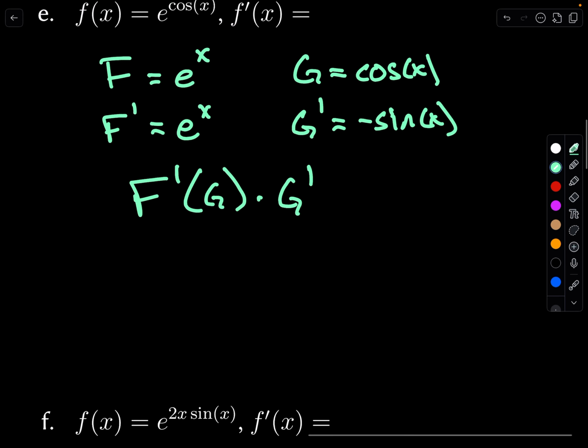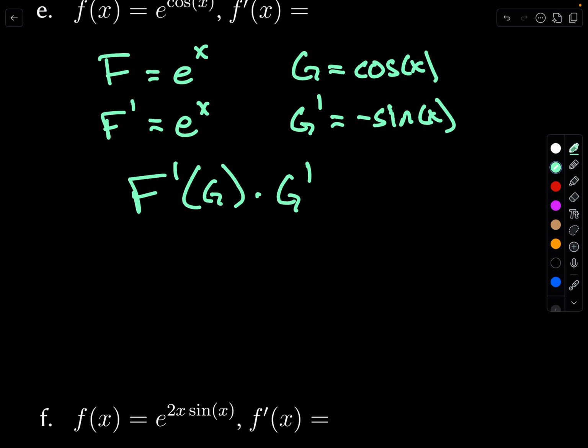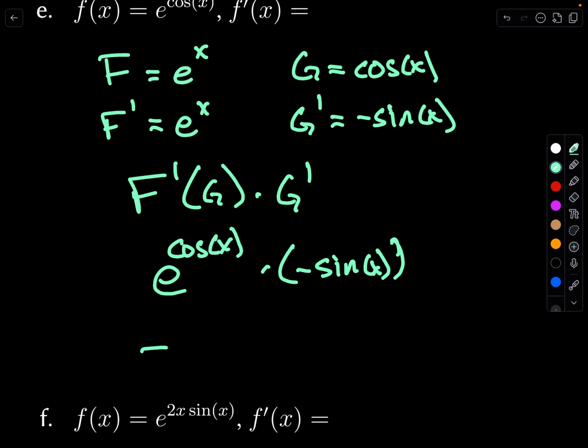All of these chain rules are exactly the same form. So e to the cosine of x times g prime is negative sine. And I could clean this up a bit. Negative sine of x times e to the cosine of x might look a little bit better.